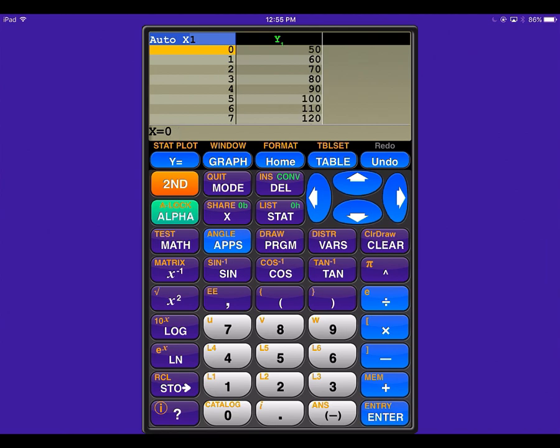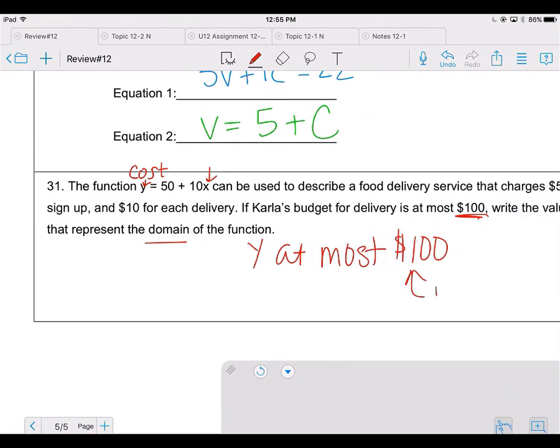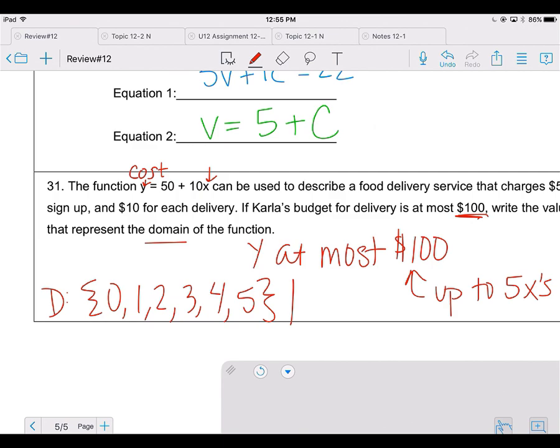I'm looking for where y is 100, and it's right there when x is 5. And I can do anything up to 100, which means I can do anything up to 5 x's for deliveries. So my domain is going to be anything 0, 1, 2, 3, 4, or 5.